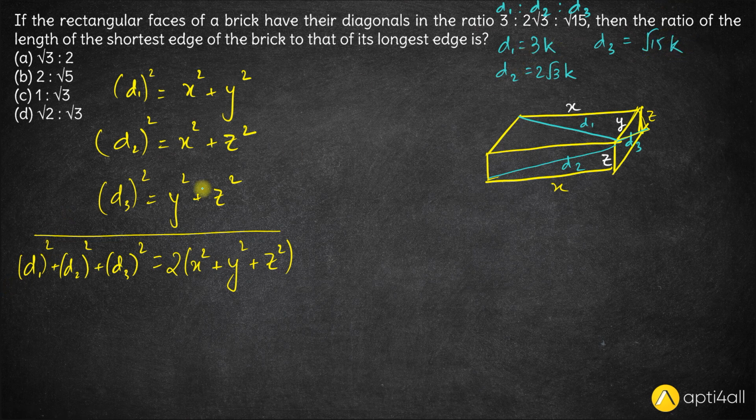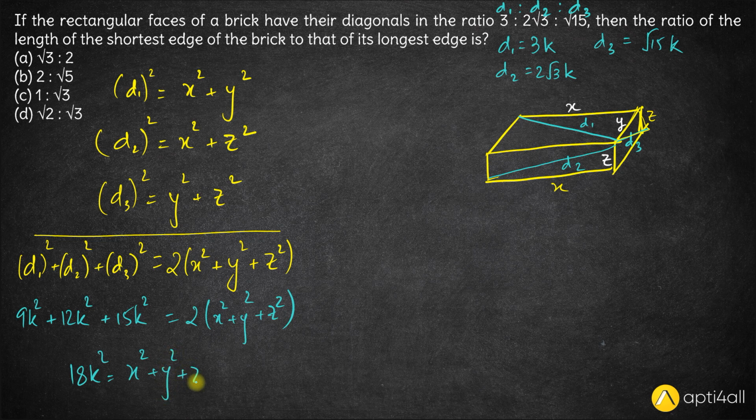So d1 square will be 3k whole square, which is 9k square. d2 square will be 2 root 3 k whole square, which is 4 into 3, 12k square, and d3 square will be root 15 k whole square, which is 15k square. So this comes out to be twice of x square plus y square plus z square. Now 9 plus 12 is 21, 21 plus 15 is 36k square. 36k square divided by 2 is 18k square, which is equal to x square plus y square plus z square.